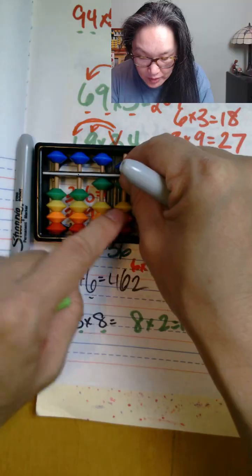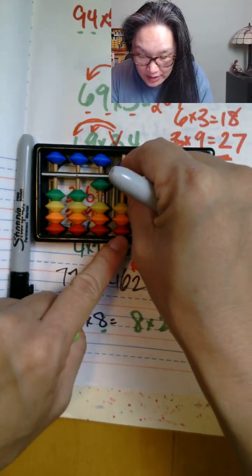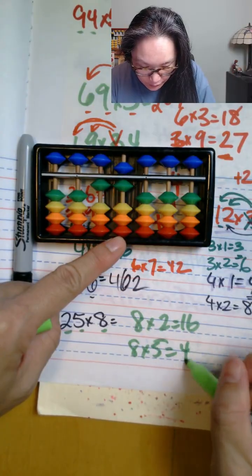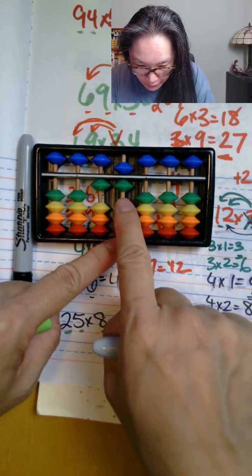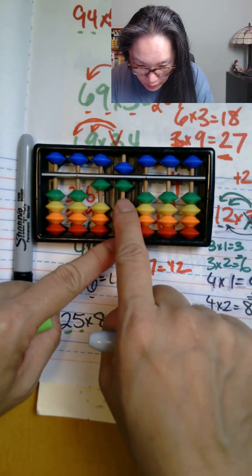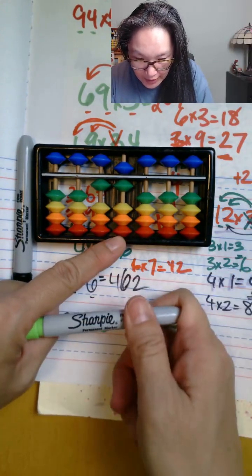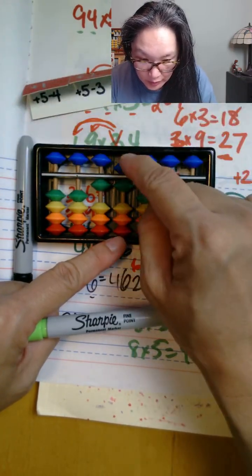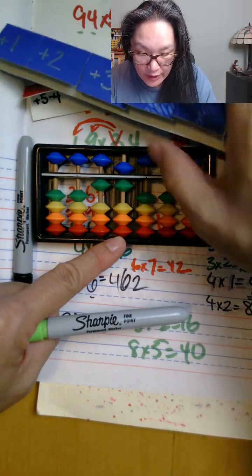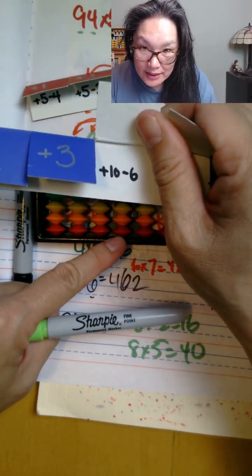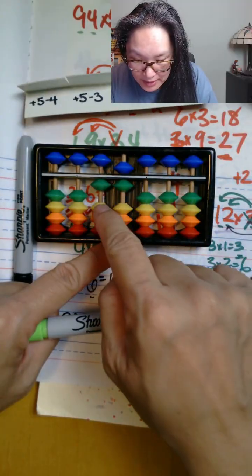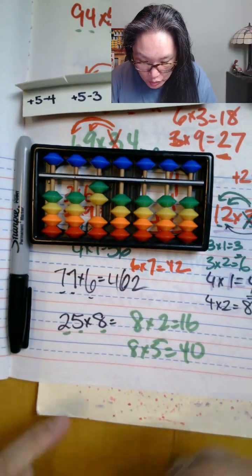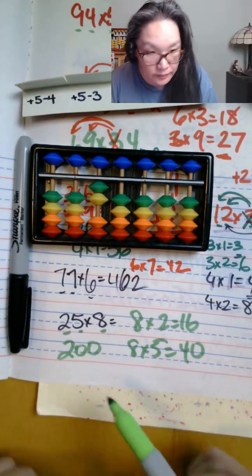Then it's 8 times 5 is equal to 40. So I add my 4 and I add my 0. I add 4. There's not enough. What do I do? I can't add a 5 because I'm already using it. So I have to go to the 4 and plus the 10 minus the 6. So I plus the 10 and take away the 6. So my answer here is 200.